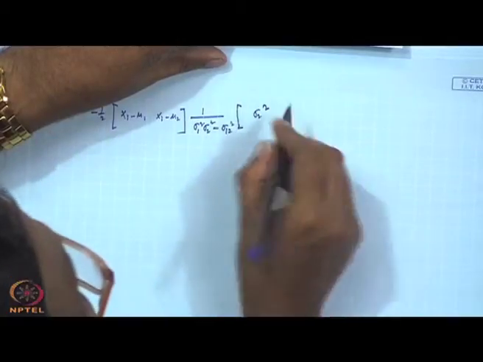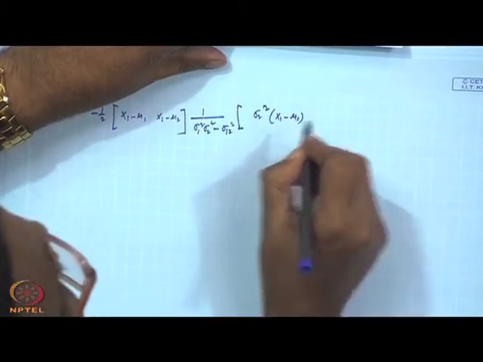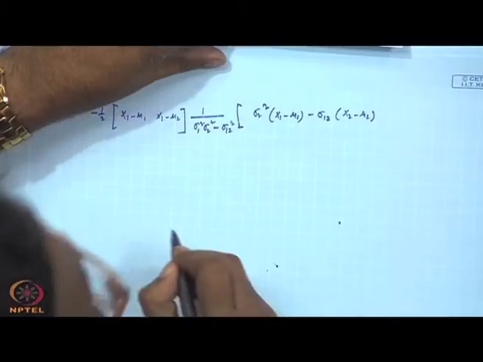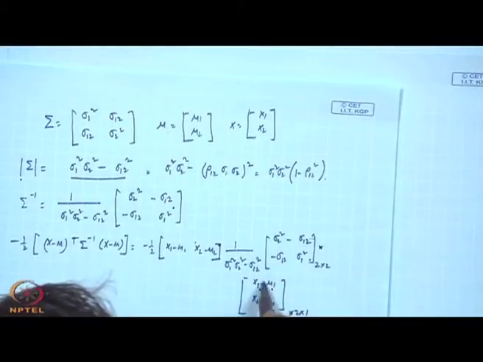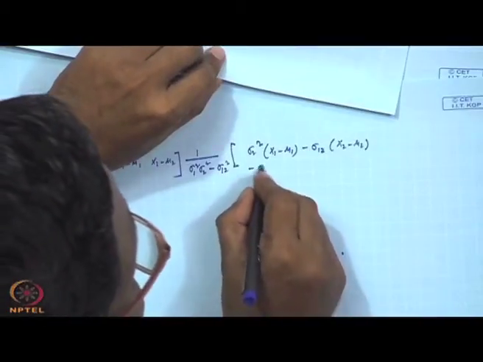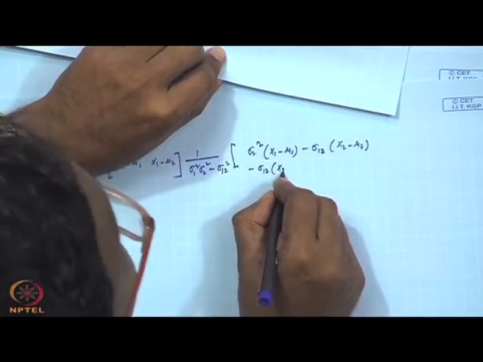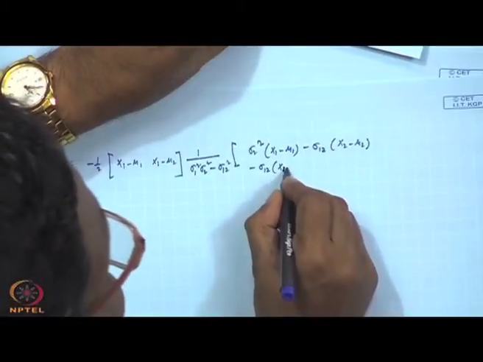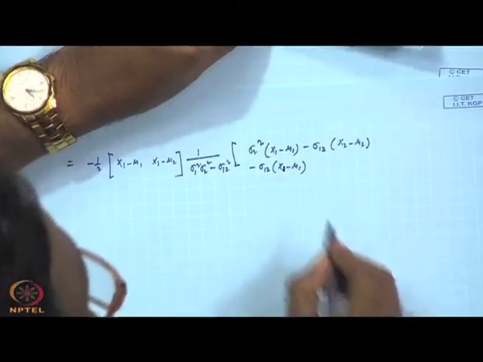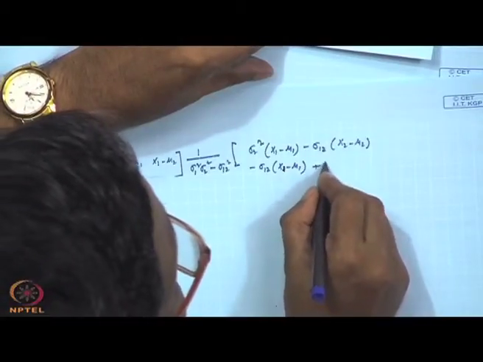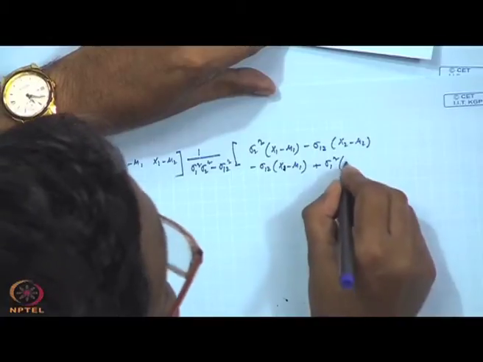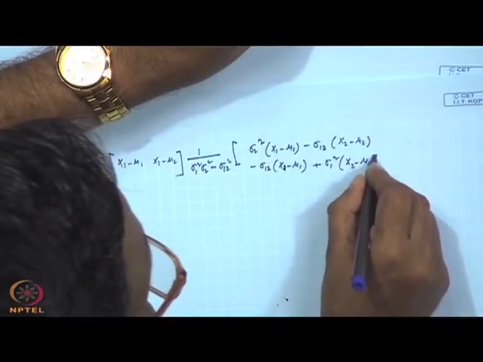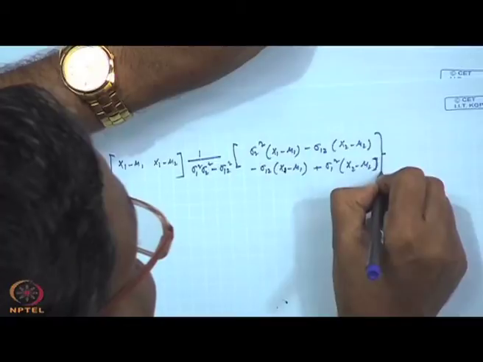Sigma 2 square into x1 minus mu1 minus sigma 12 into x2 minus mu2. That is coming from this part, row by column. The second one will be minus sigma 12 into x1 minus mu1 plus sigma 1 square into x2 minus mu2. So that is the matrix you are getting.